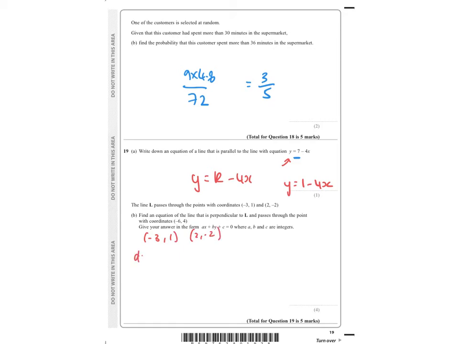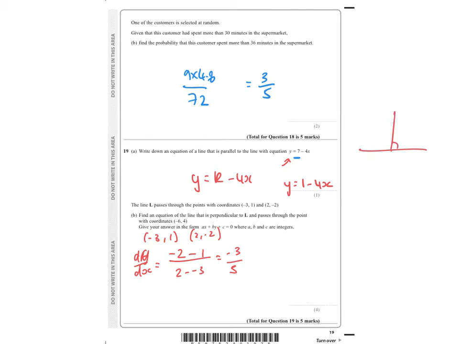If we're finding the gradient, we're going to do the difference in y over the difference in x. So I'm going to get -2 minus 1, 2 minus -3, -3 over 5 is our gradient.